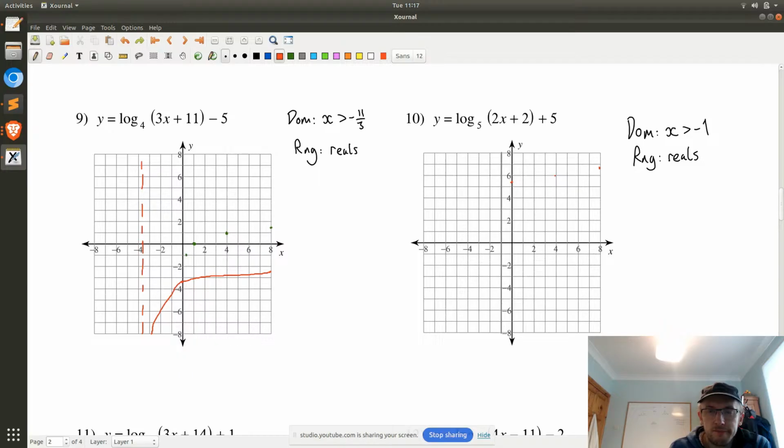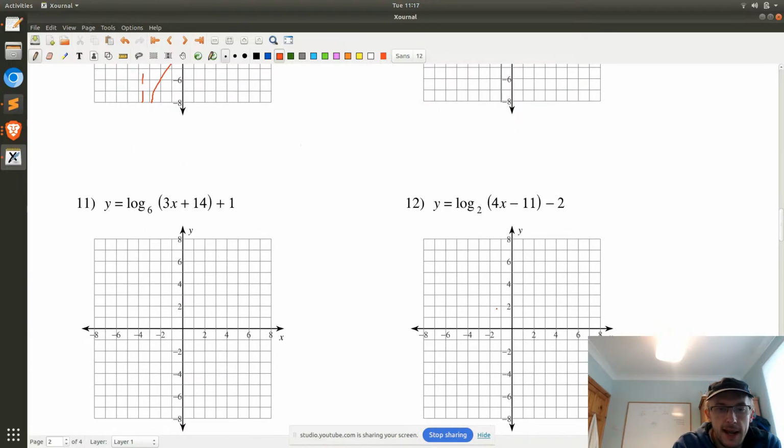So like 1.5. Yeah. And it'll be real steep. Okay, next.